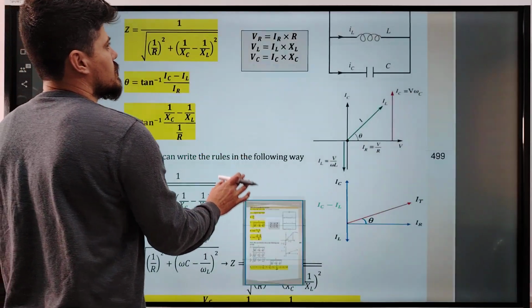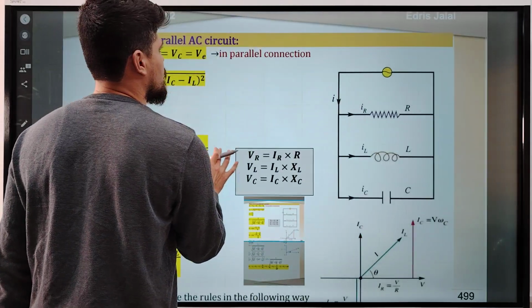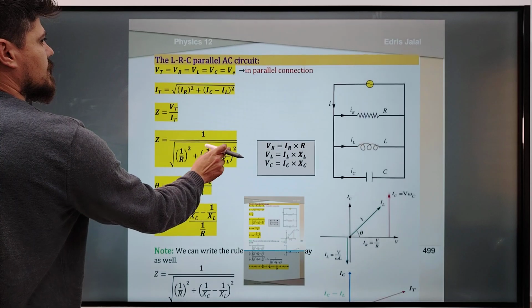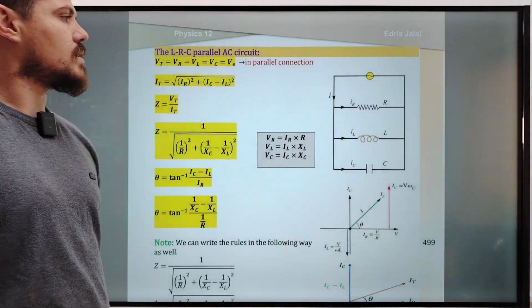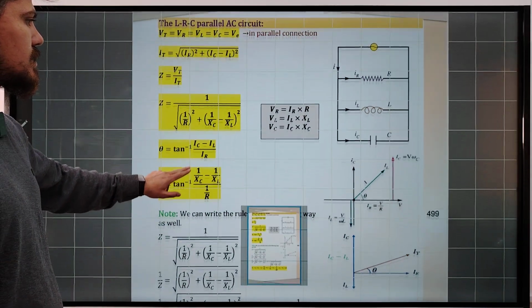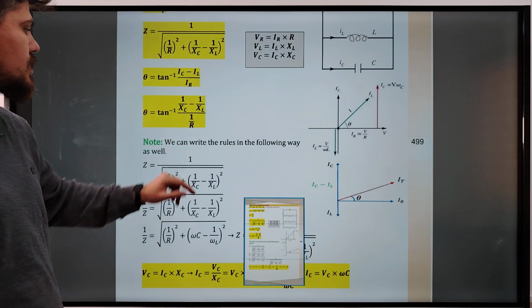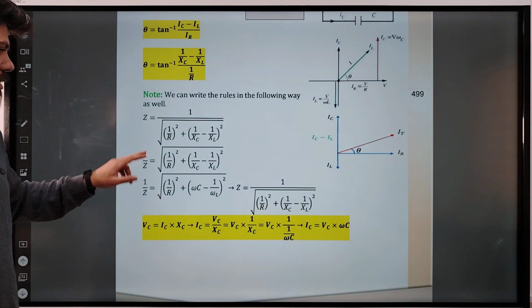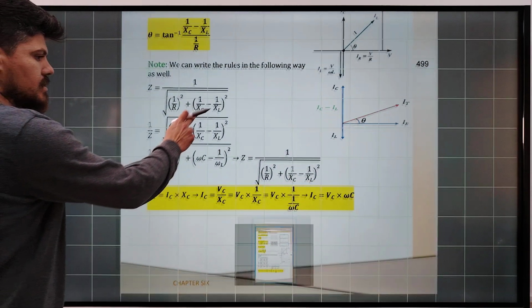Look, this is the RLC parallel connection. In a parallel connection, the circuit is connected with the inductance, resistance, and capacitance. According to Ohm's law, you can write down this equation, and Z is equal to 1 over this radical. All of them are correct.